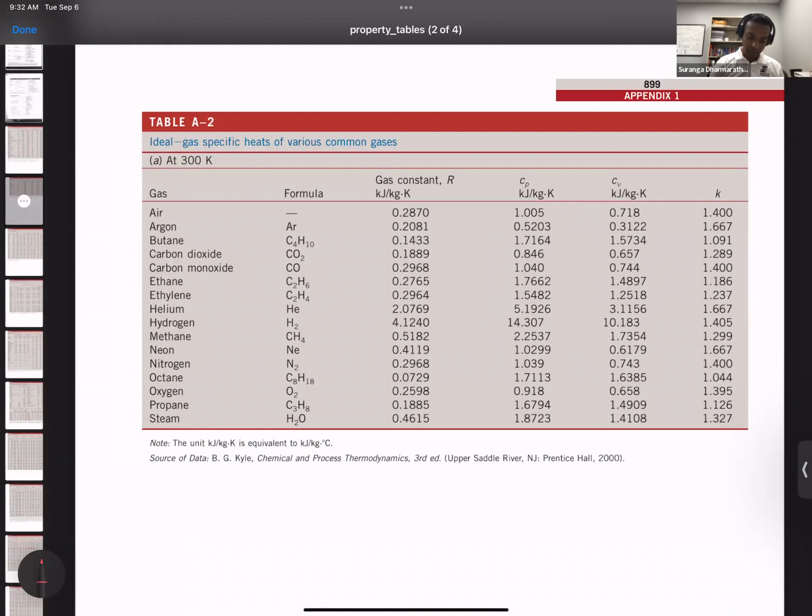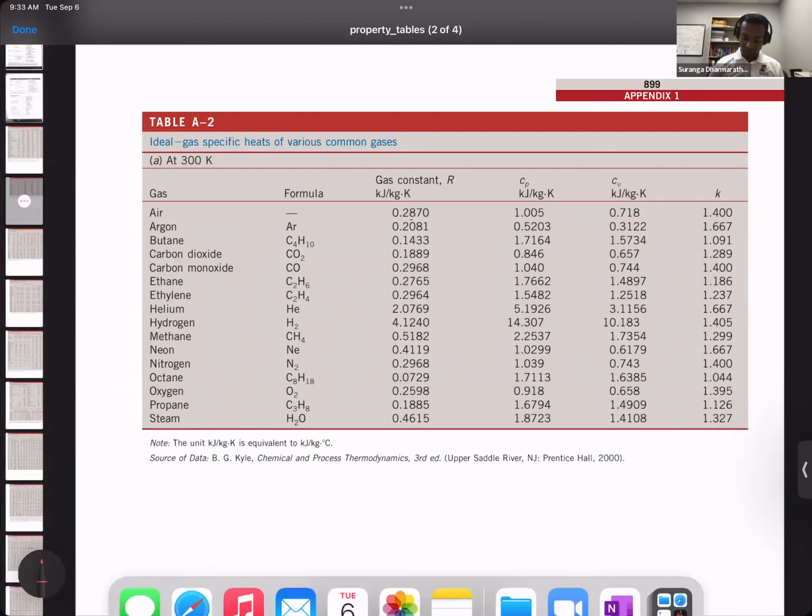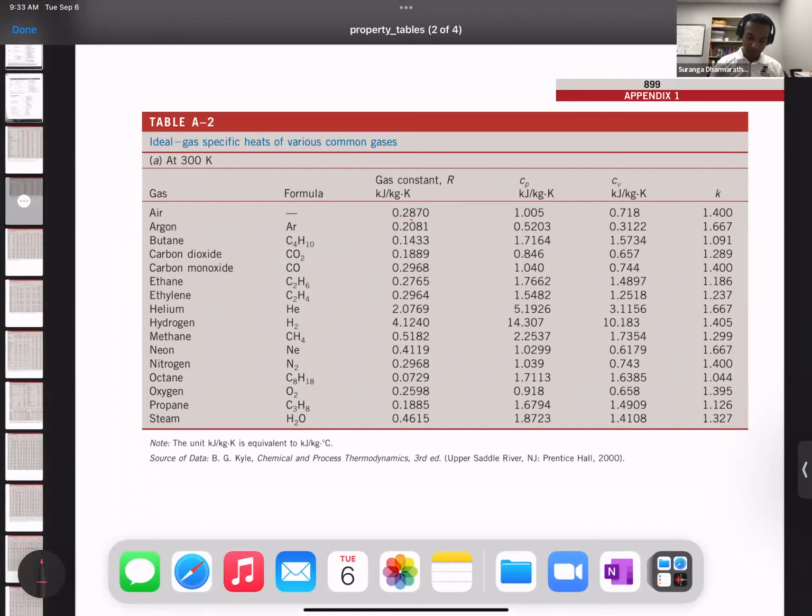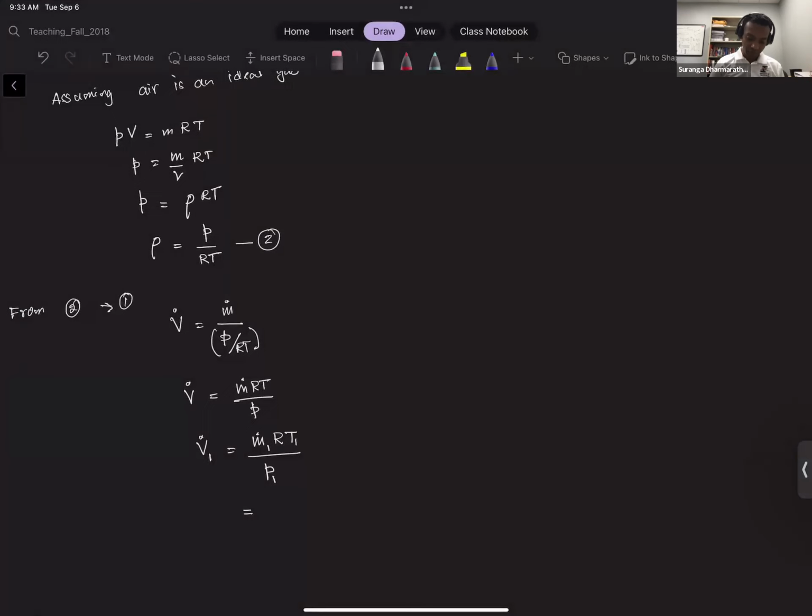For air, R is 0.287, so I'm going to use that value. m dot is 0.5, times 0.287 kilojoules per kilogram per Kelvin, times 300, divided by 100.